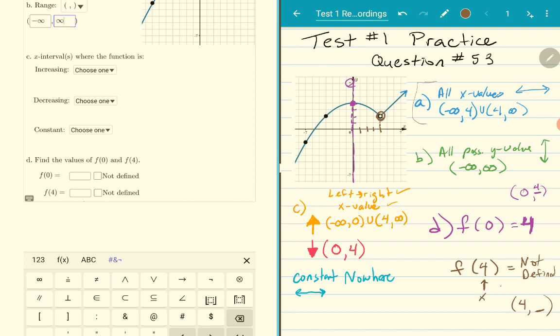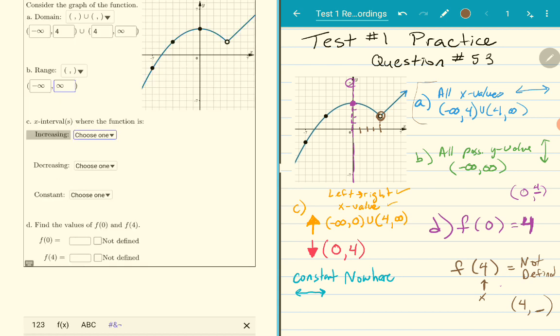All right, and then my x intervals, my increasing intervals, it has 2 parts, both with open parentheses. So I choose this one.